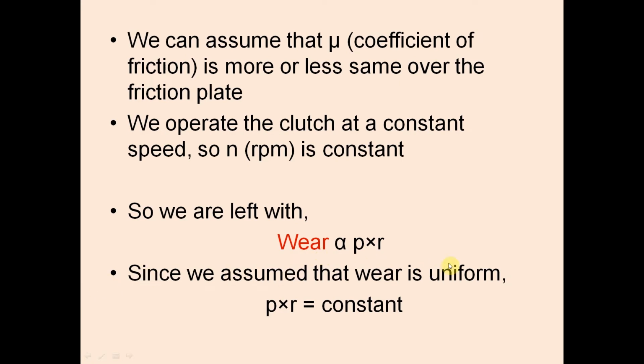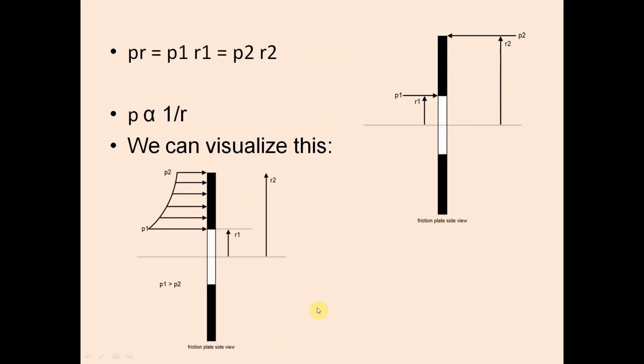Since we assume that wear is uniform, we can write p into r is equal to constant, which means that pressure into radius over this entire distance is constant, which means that I can write p into r equal to p1 into r1 equal to p2 into r2, where p1 is the pressure at radius r1 and p2 is the pressure at radius r2.